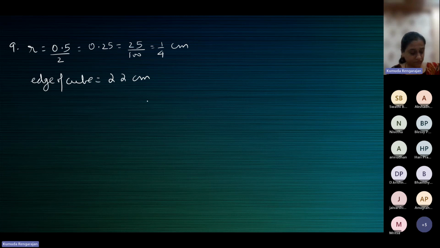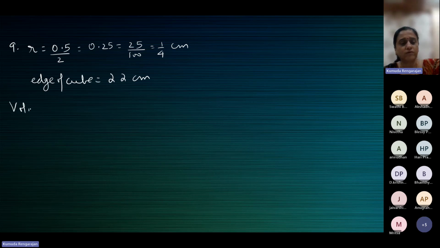So when the marbles are filled, 1/8 space of the cube remains unfilled. So how much is filled? 7/8. 7/8 is filled.